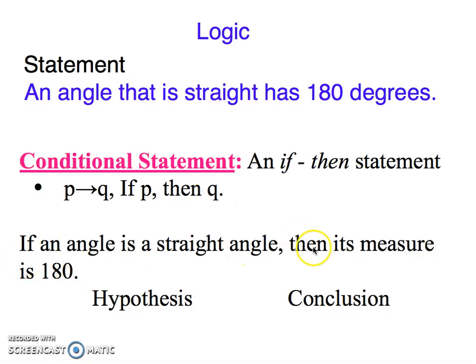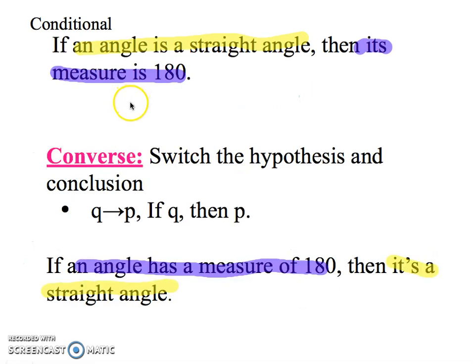So if, then statement. Going from what we just did on the other page, we're going to use this conditional statement. If an angle is a straight angle, that's going to be our P statement, then its measure is 180 degrees. That would be our Q. So this is the hypothesis right here, and this would be our conclusion.